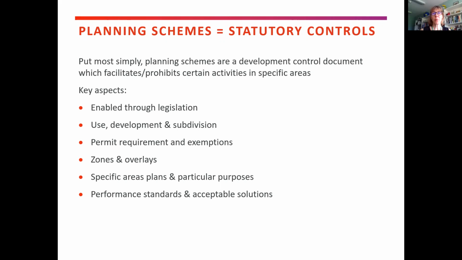So planning schemes are an incredibly important statutory instrument or control, and they are basically the rules, or the document that either facilitates or prohibits certain activities in certain areas.